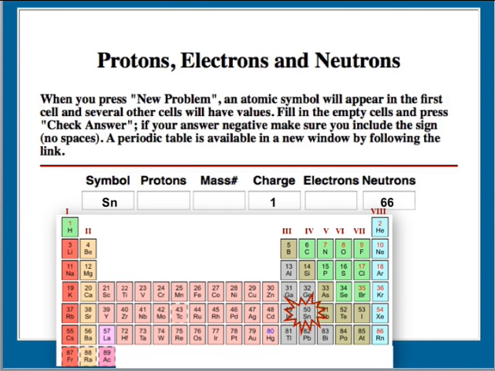Now we're also told that we have 66 neutrons. So what's our mass number going to be? It's going to be 50 plus 66. Now, here's the tricky part here. The charge here is +1. What does that tell you? That means it has one more proton than it does electrons. So if it has 50 protons, it must have 49 electrons.